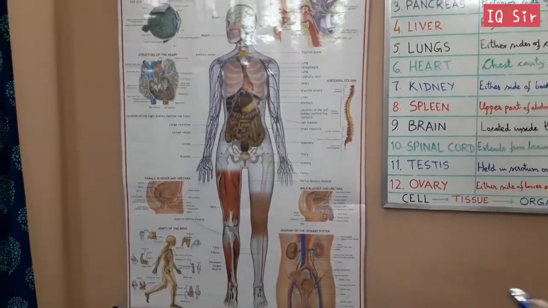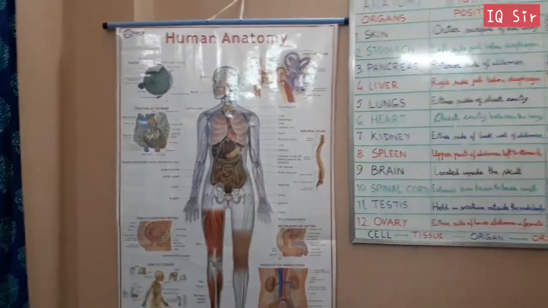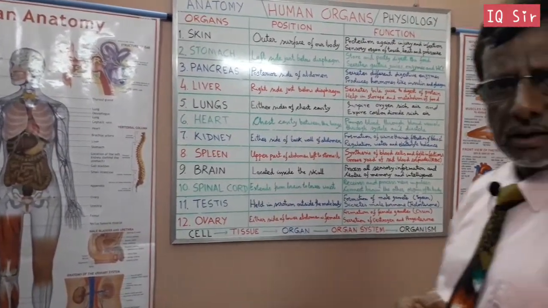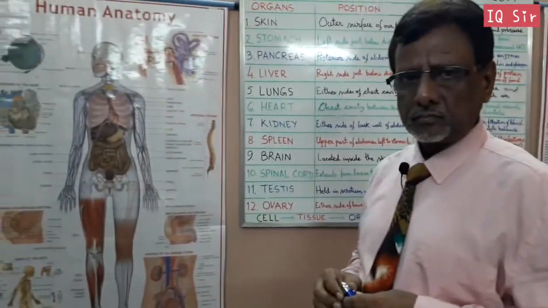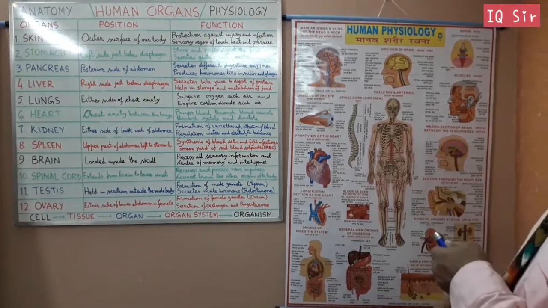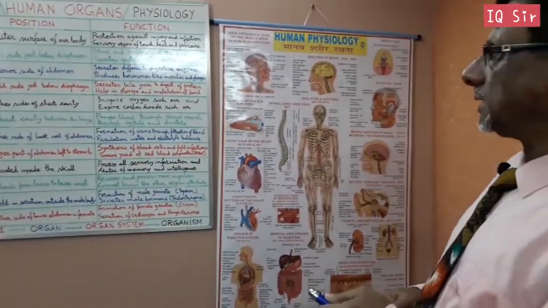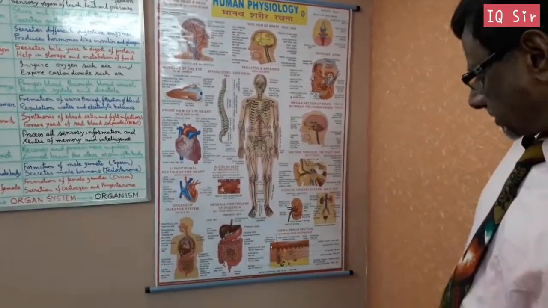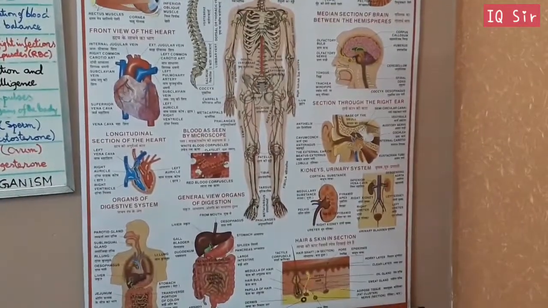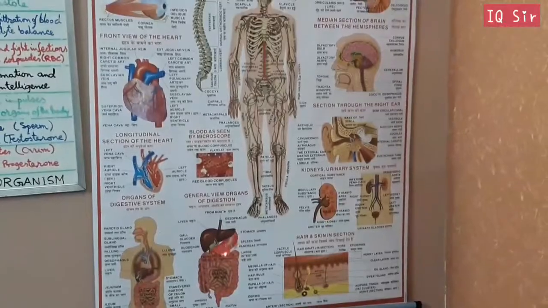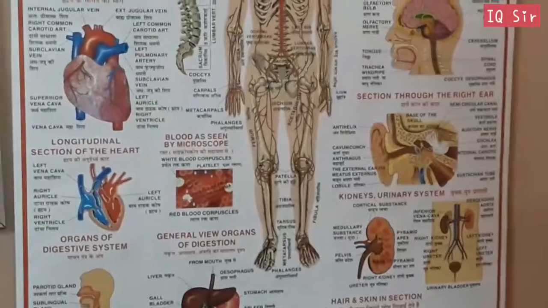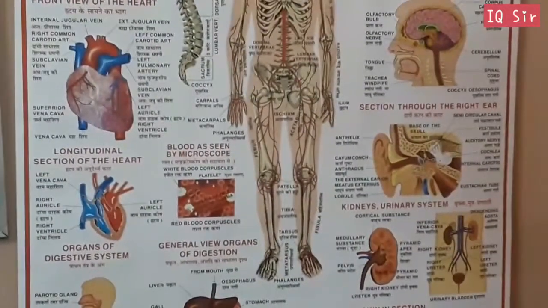I have shown you the location, and now I will show you the same organs in the human physiology chart. Our skin is there. There is a section of skin. You can see the different layers, and these are the hairs. Now the stomach is there. Then the pancreas is there, just below, in a horizontal position.